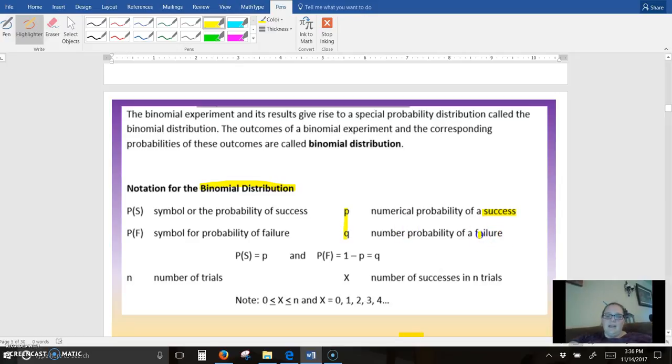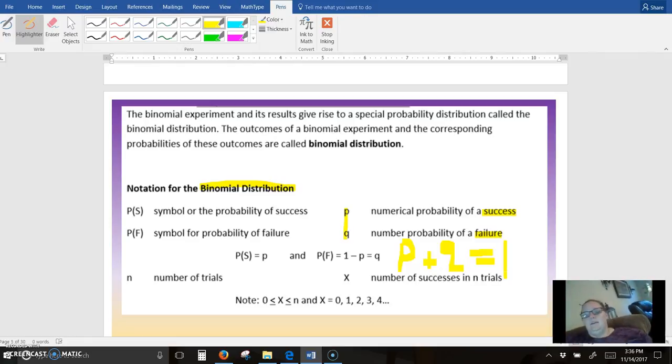All right, Q is the opposite. So if I made 7 of the 10 free throws, then I did not make 3 of them. Or if 2 of the 12 calculators are defective, then 10 are not defective. Okay? And so when you add P plus Q, you get 1, as in all of the items.